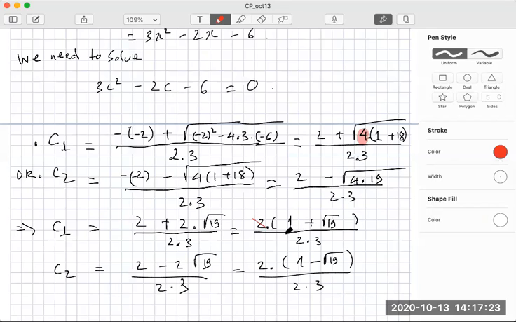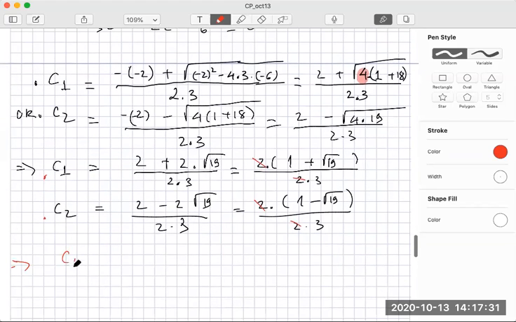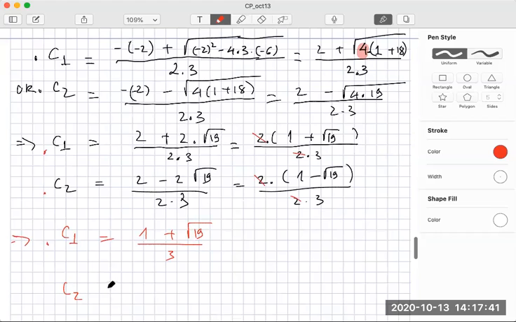So 2 will cancel with 2 here, right? And finally, we found two values of C. The first C is 1 plus square root of 19 and then divided by 3. C2 is 1 minus square root of 19 divided by 3. Okay.